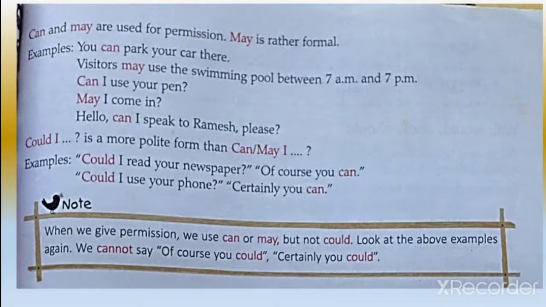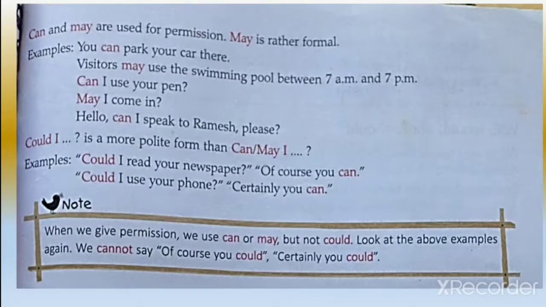So remember, everybody, could we can use for ability in the past and for polite permission. So here we learned both things for could. And can we can use for ability, for permission, and also for possibility.